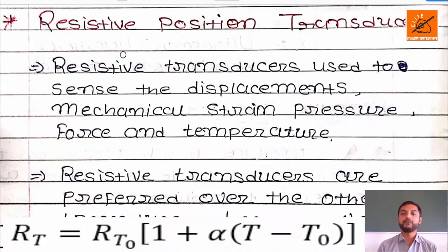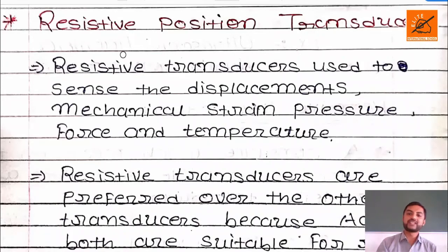This type of equation we have seen in previous semesters. Whenever you change your temperature from your reference temperature, there will be a change in the resistance, and this type of transducer works on this principle.